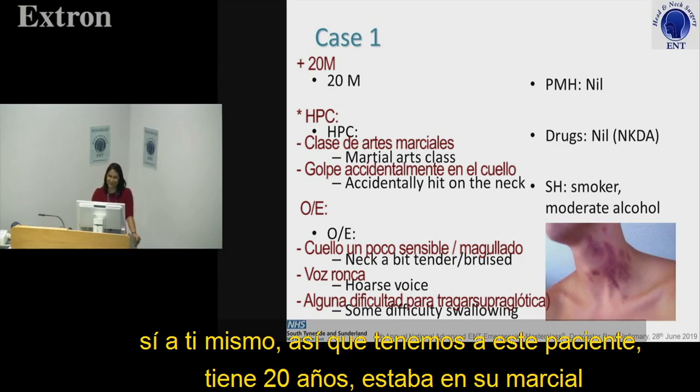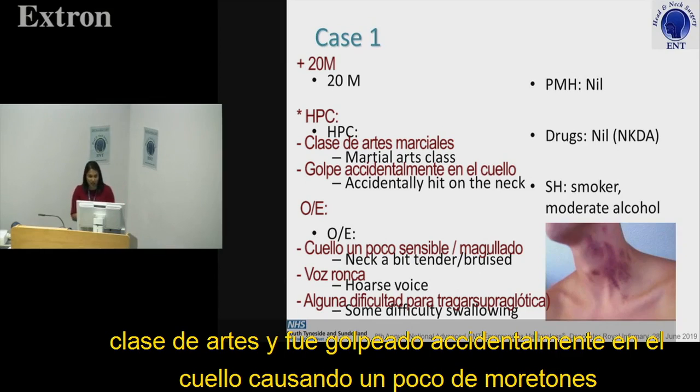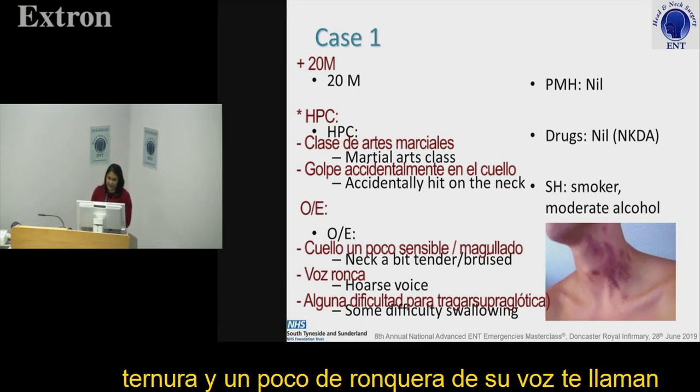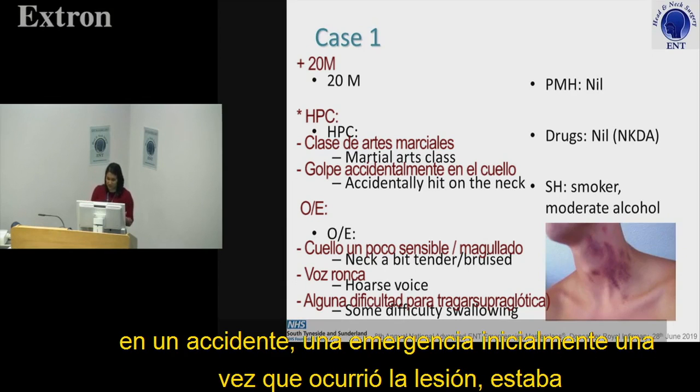So we've got this patient, he's 20 years old, he was at his martial arts class, and he was accidentally hit on the neck, causing a bit of bruising, tenderness, and a little bit of hoarseness of his voice. You get called into accident and emergency.